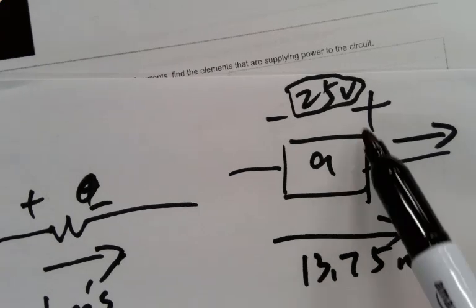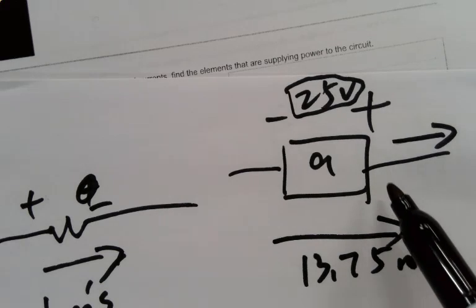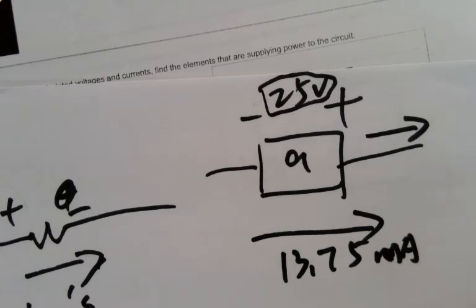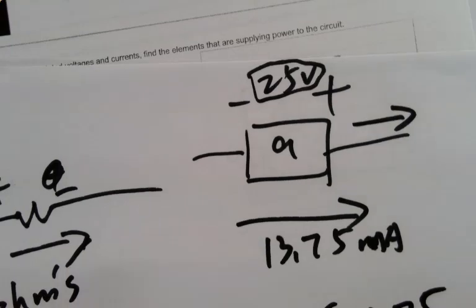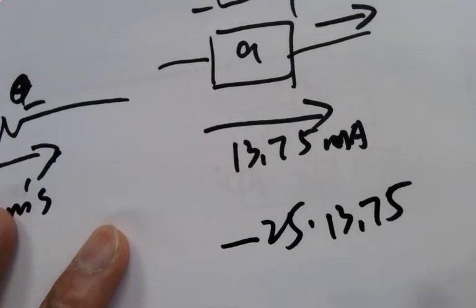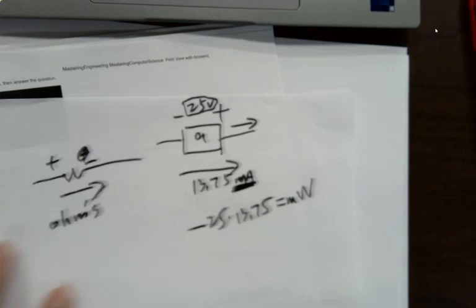If you consider this as the battery, the anode of the battery is sending current out. So that's why it's delivering. So we're getting a negative power, which is negative 25 times 13.75. What's the unit? Yeah, milliwatts, right? Because it's milliamps.